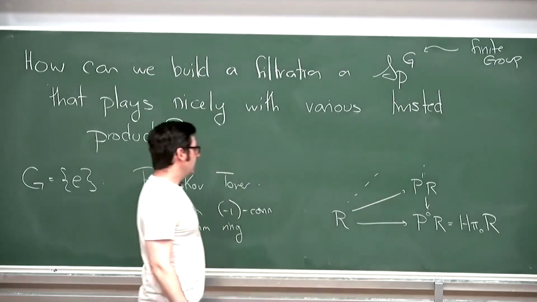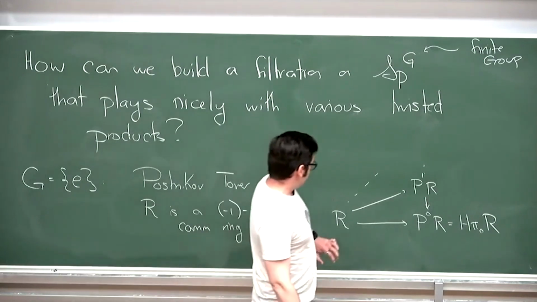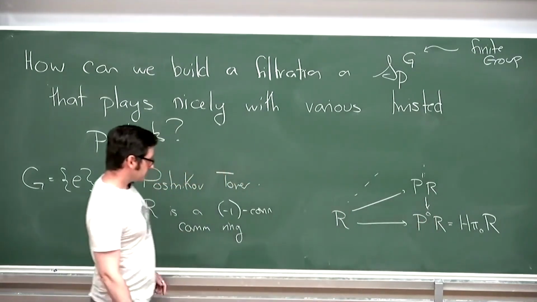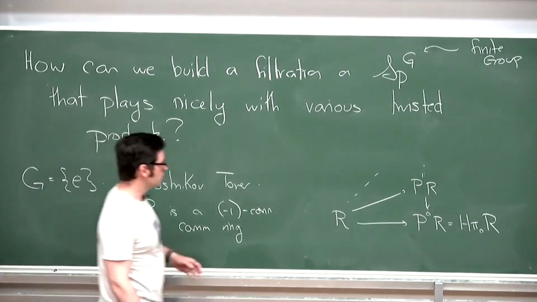And one of the nice features about the Postnikov tower is that, in fact, the tower itself sits in the category of commutative ring spectra. This is a tower of commutative ring spectra.